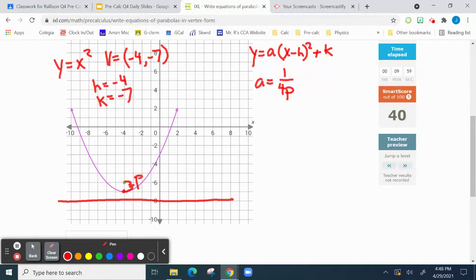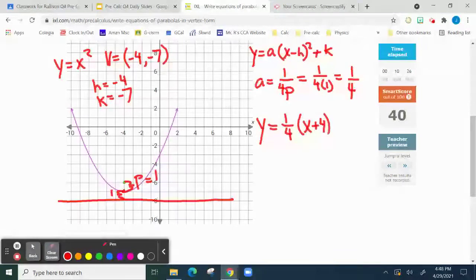That's p, and in our case that equals 1, but that's the same as the distance to the directrix, right? That's also 1. So a equals 1 over 4p equals 1 over 4 times 1 equals 1 over 4. It's opening up, so we don't have to worry about the negative. So we got y equals 1/4 x minus -4. So that's going to be x plus 4 squared plus -7. So that's going to be -7.